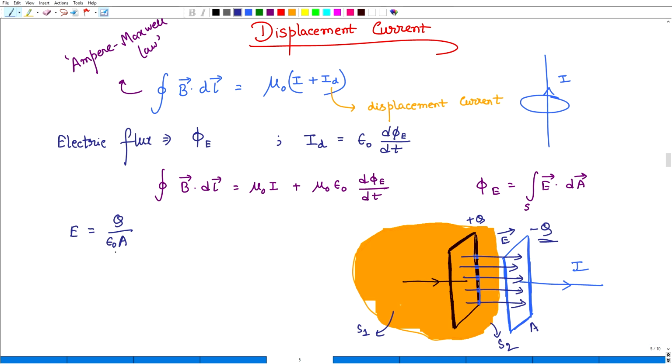So E is Q divided by epsilon naught A. So then we can write epsilon naught E is Q by A, or we can also write that epsilon naught EA is Q.